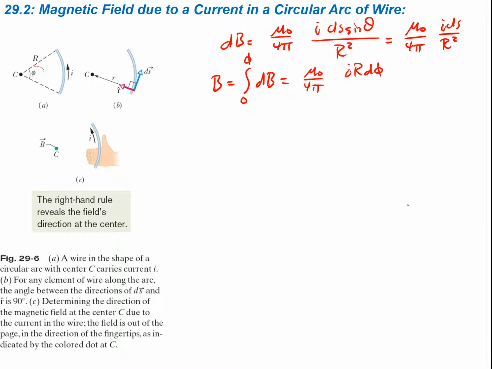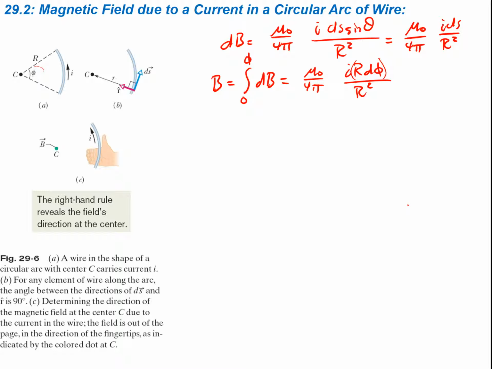It's I times this ds element, and this ds element is actually our arc length. Our arc length is simply the radius times the angle traveled. That's why we have I times r. This is going to be our ds element right there. And we divide by r squared.